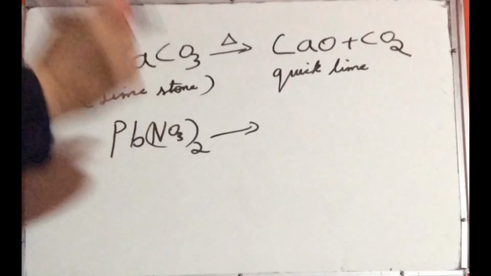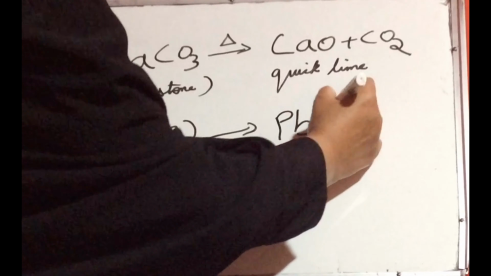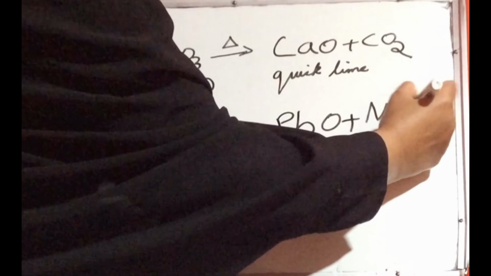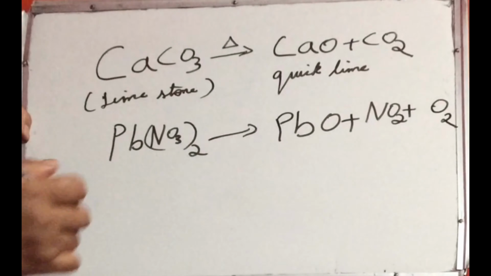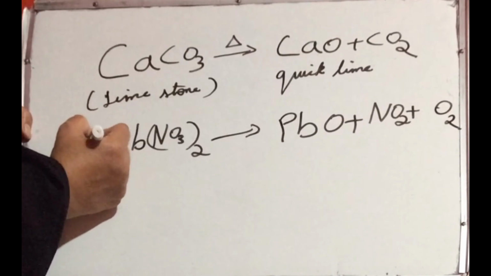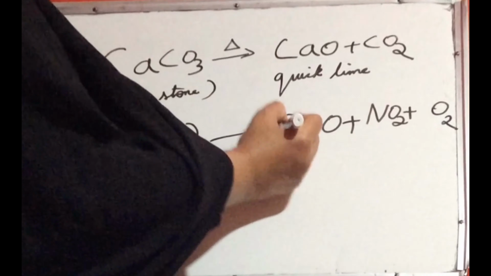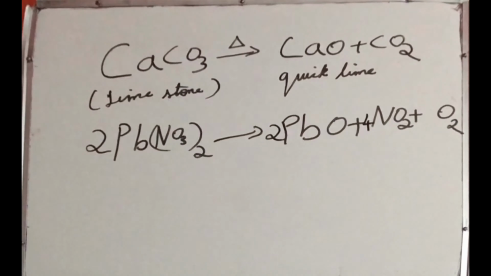So lead nitrate on heating will give you PbO plus nitrogen dioxide plus oxygen. Always write the balanced equation. Try to balance this equation. 2Pb(NO3)2 gives 2PbO plus 4NO2 plus O2.